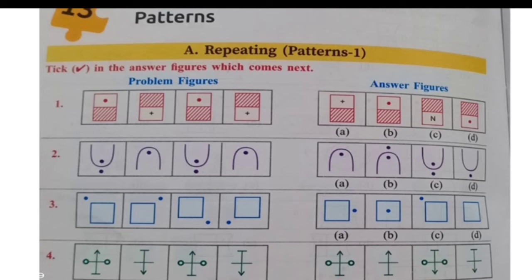Fourth one: arrow, one line, at the end of the line two small circles. Again one arrow at the opposite side and only a single line. At the end no figure is there.